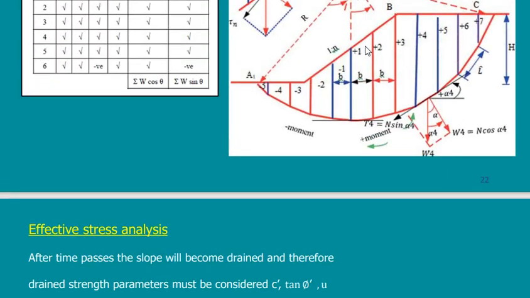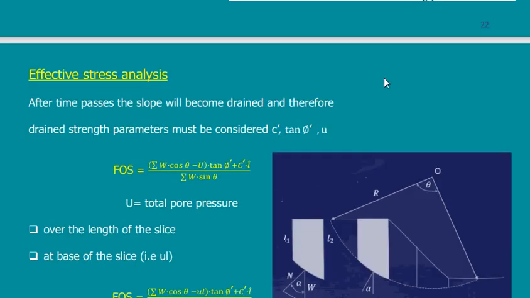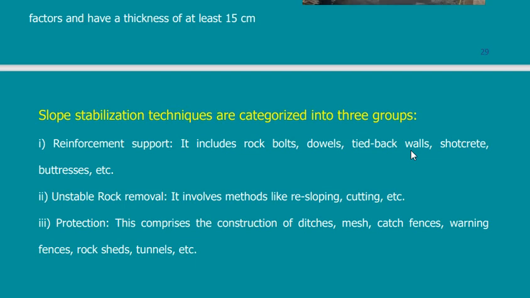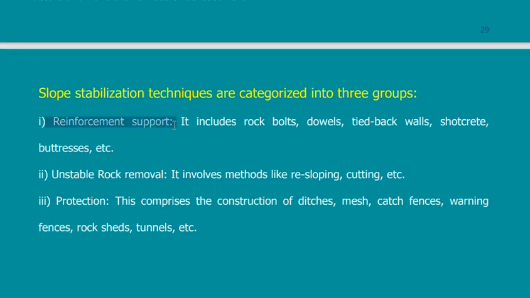Imagine that I just put a nail here and another one here and another one there and so on. These nails will prevent all of these slices from falling down. So it is adding to your factor of safety. So the first one is reinforcement support. So nails, bolts, dowels, something like this.